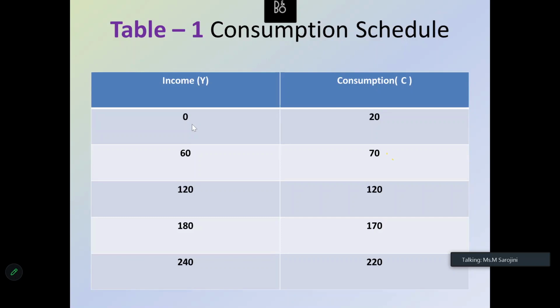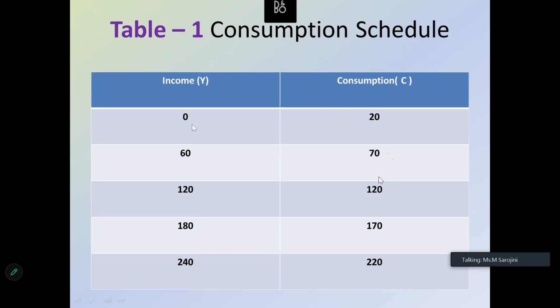You can observe here, the first, at zero income, consumption is 20. Once the income increases, the consumption also increases from 20 to 70, that is 50. Then income increases from 60 to 120, double. How much does consumption increase? Here, the change in income is equal to 60, but here only 50. Am I correct? Yes.